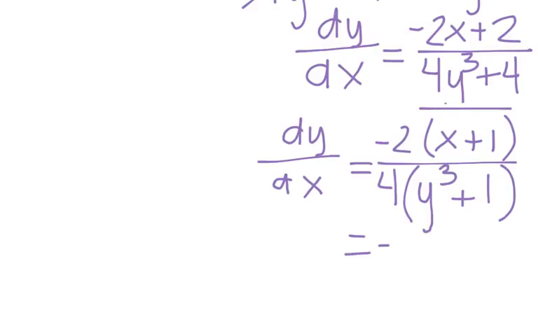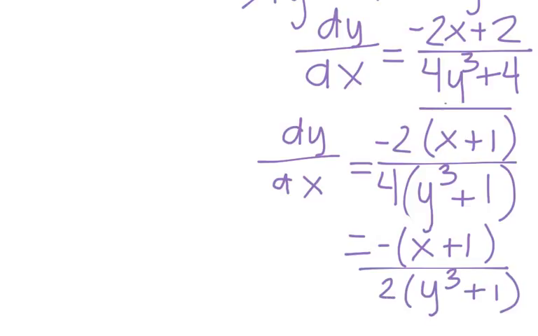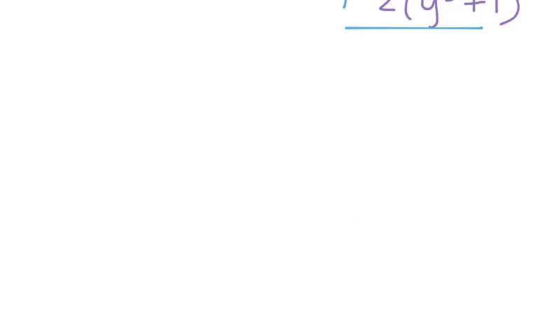This then simplifies to negative 1. We don't really need the 1 there. Negative x plus 1 over 2y to the third plus 1. And that is what we were trying to solve for A.